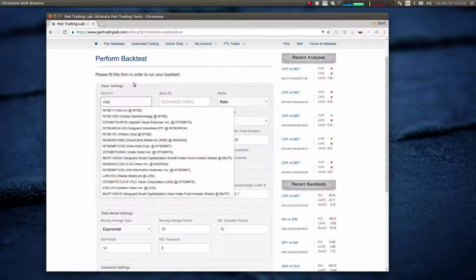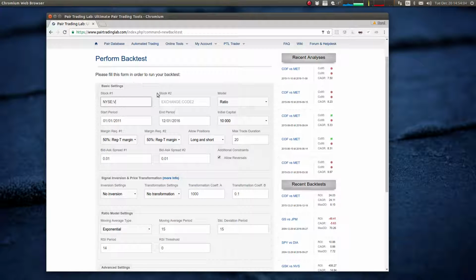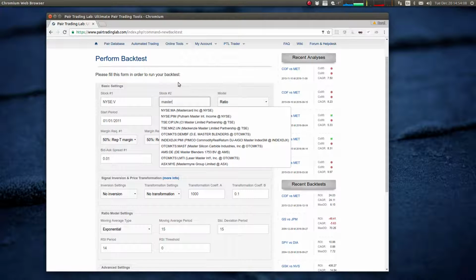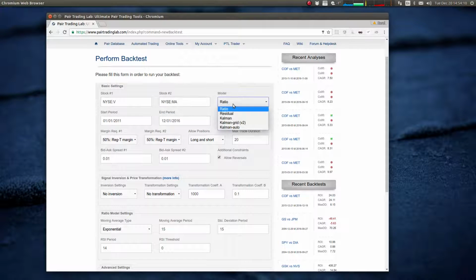For demonstration, let's use the Visa Mastercard pair, and I will demonstrate how Kalman Filter can improve your pairs trading performance when applied instead of a ratio or a residual model.